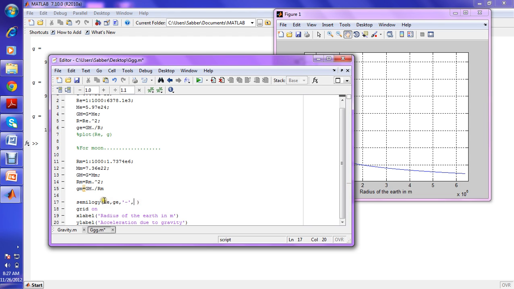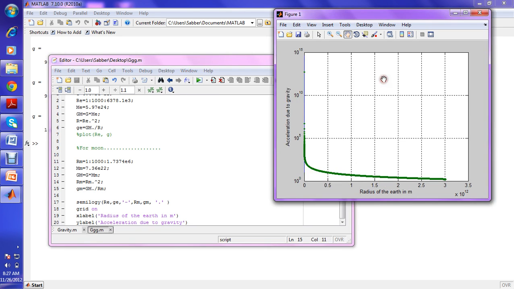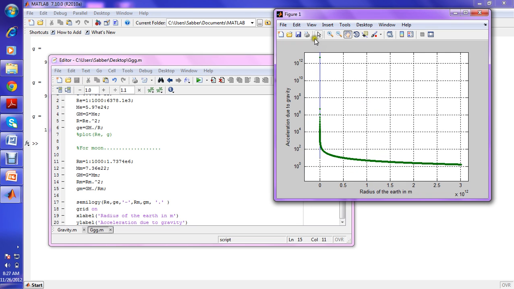Okay, and this graph will be represented by the dash, and rm by gm should be represented by dot. Okay, so let's see, I hope I didn't make any mistake. Yeah, you see both plots are here.